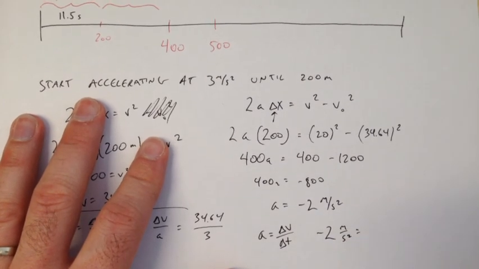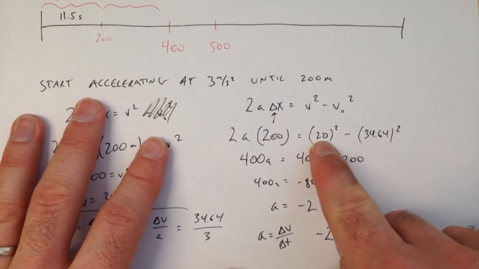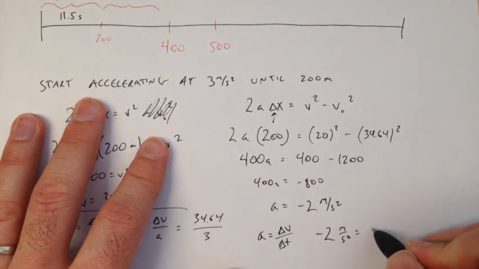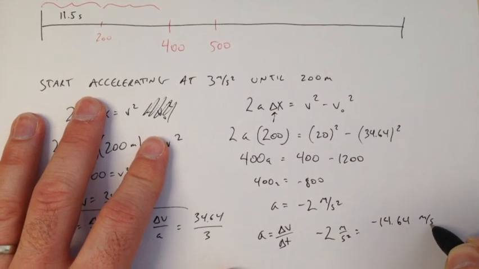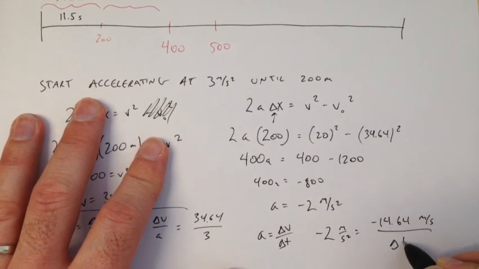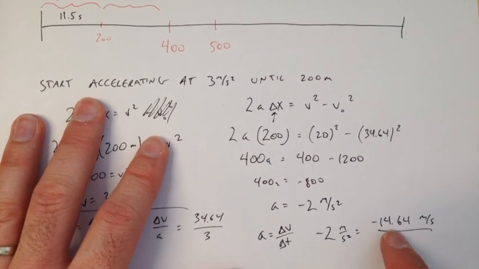What about my delta v? Well, I'm slowing down from 34.64 to 20, which means I'm slowing down a total of 14.64 meters per second. And I don't know the time. So if I just switch those two, my final answer will be -14.64 divided by -2.